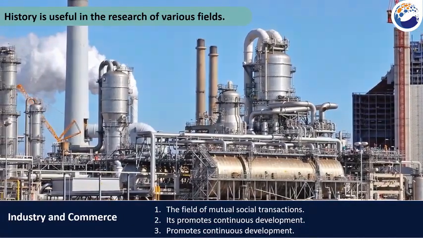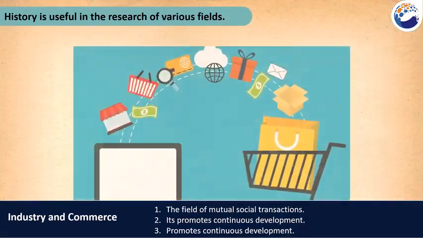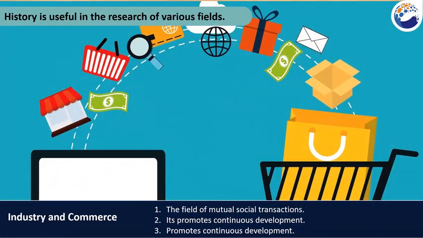4. Industry and commerce. 1. The field of mutual social transactions expands with the growth of industry and trade. 2. It also promotes continuous development of the network of cultural interactions. 3. It is an integral part of the industrial and commercial management.